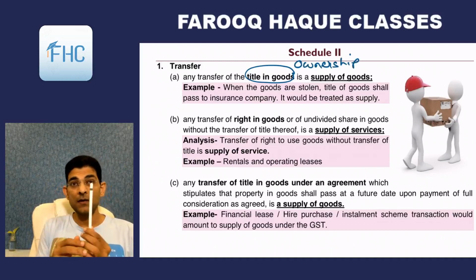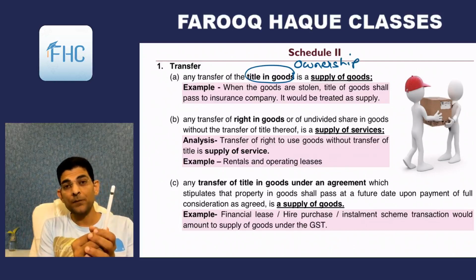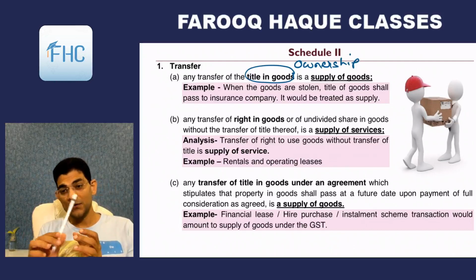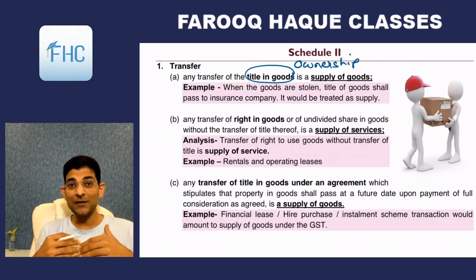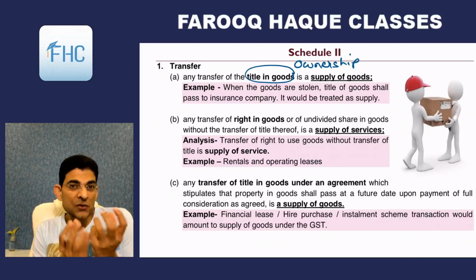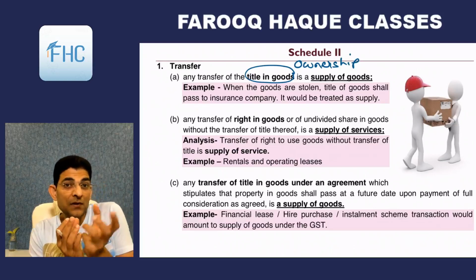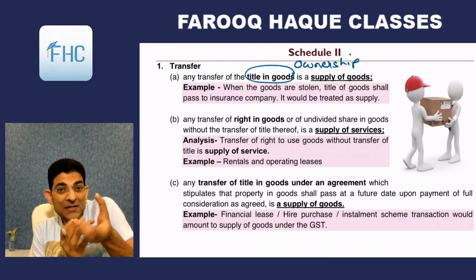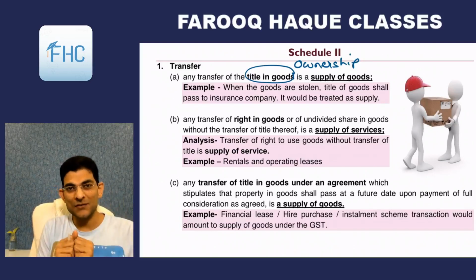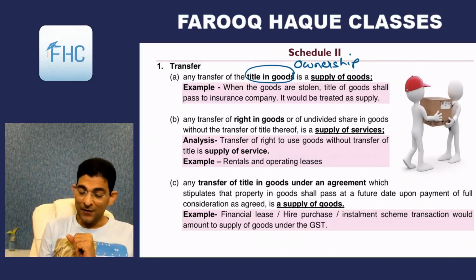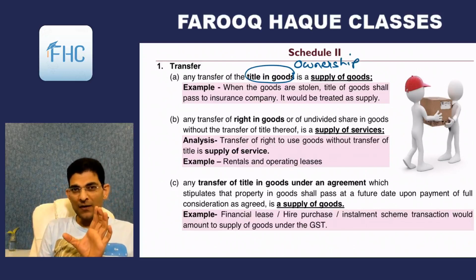Like I have this pen, so if I transfer it to you in the sense that now you become the title holder, then obviously this will be called goods, right? But right now I am teaching you. Can I transfer title of teaching? No, that cannot be done. So teaching is a service, right? So wherever ownership is there and ownership can be transferred, that will be called goods.